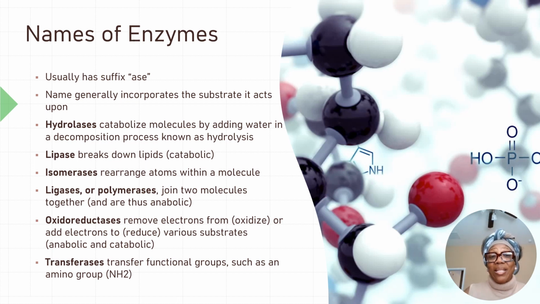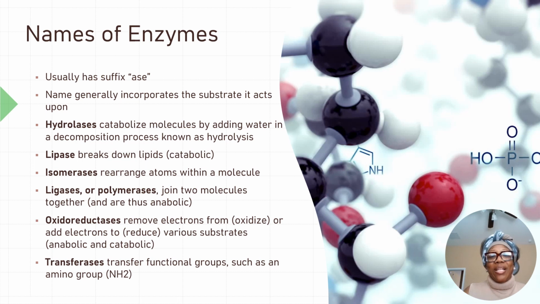Lipase, it ends in ase like other enzymes, and it breaks down lipids. Or, for instance, oxidoreductases. They're involved in that redox production, and they can remove electrons, therefore causing oxidation, or they can add electrons, causing reduction of a particular atom.